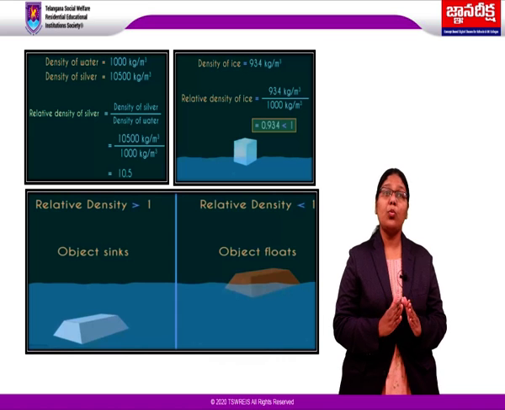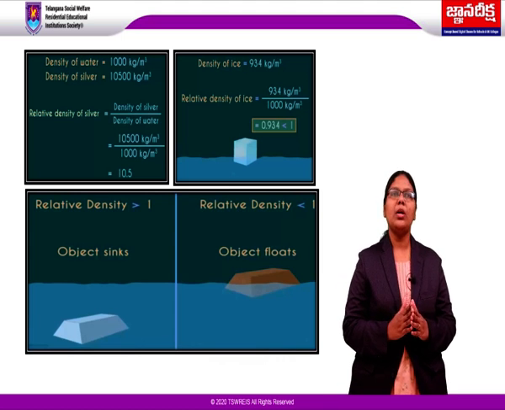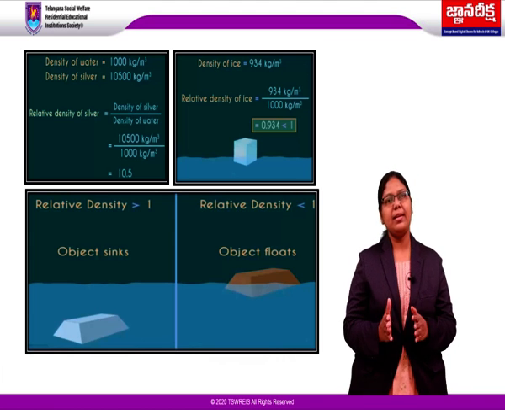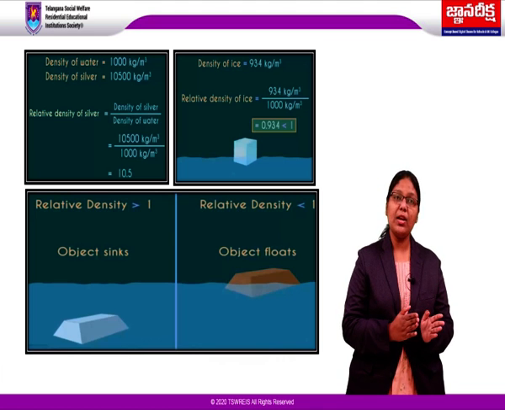And ice floats on water and its relative density is 0.9, which is less than the relative density of water, which is 1. So what did we conclude? Objects whose relative density is greater than 1 sink in a fluid and objects whose relative density is less than 1 float on the fluids.